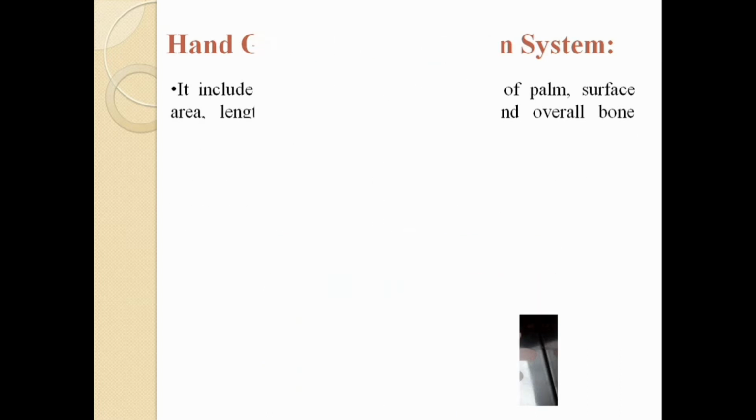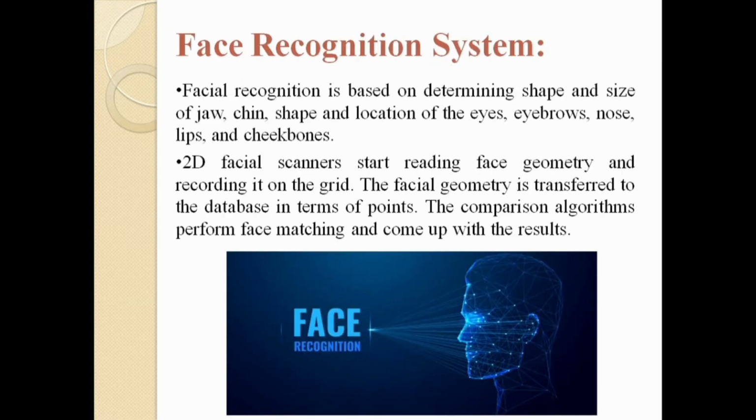Next we have the face recognition system. Facial recognition is based on determining the shape and size of the jaw and chin, and the shape and location of the eyes, eyebrows, nose, lips and cheekbones. So there are a lot of variables here.